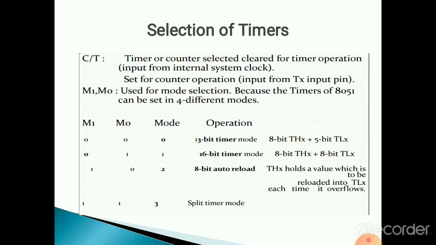Next is M1 equal to 1 and M0 equal to 0. This is mode 2, and its operation is 8-bit auto reload. And last is M1 and M0 both equal to 1, and this is mode 3, and its operation is split timer mode.